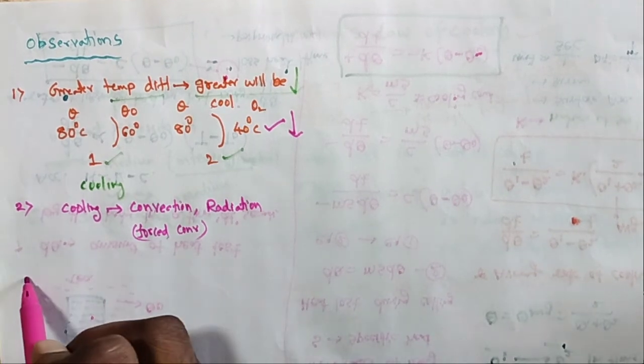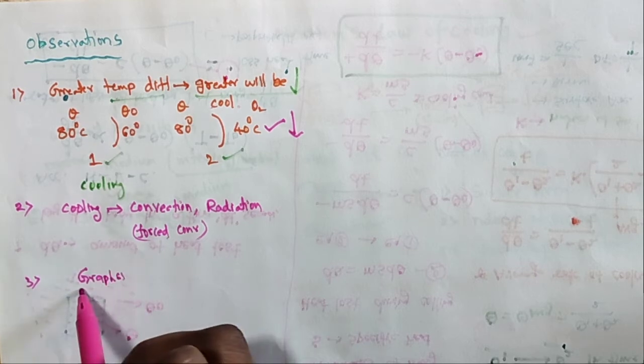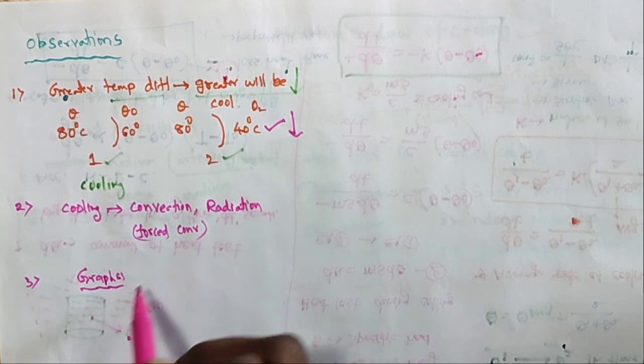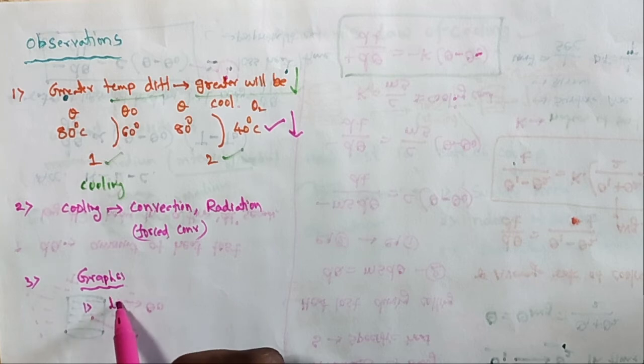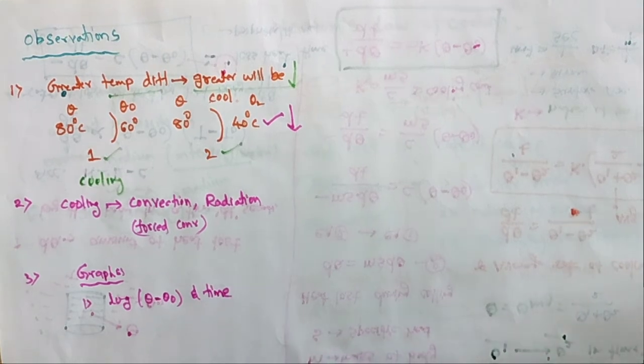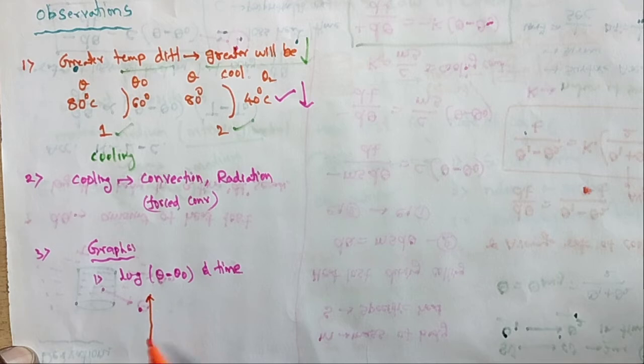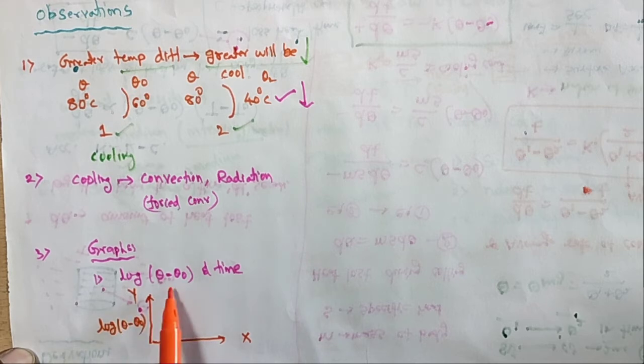And third, cooling curves. I am taking some graphs. First graph: log of theta minus theta naught versus time. This is the x-axis and this is the y-axis. Here, log of theta minus theta naught, the logarithm of the temperature difference, and here small t, time.